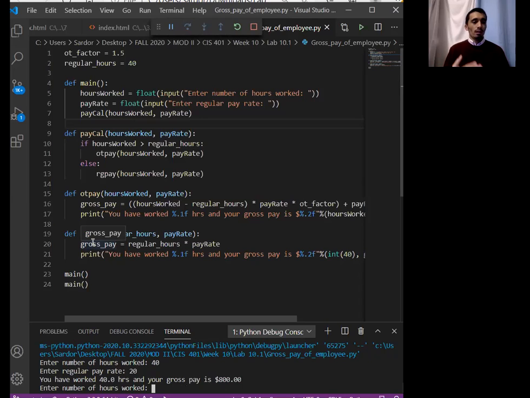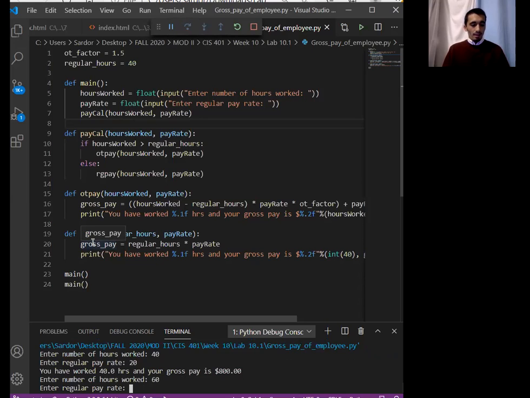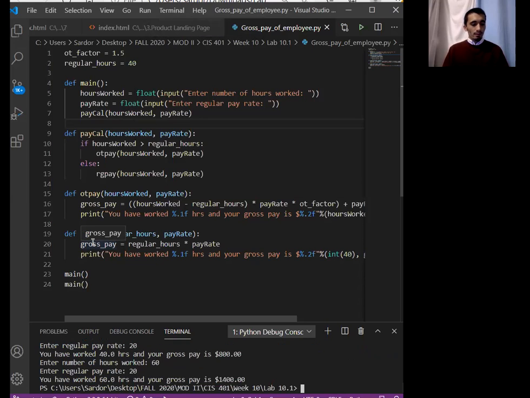That will include the overtime factor, 1.5. And let's go with 60 and 20. And as it states right here, you have worked 60 hours and your gross pay is 1,400.